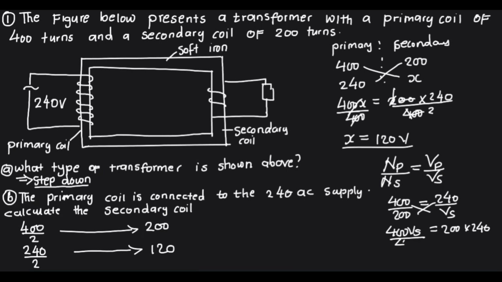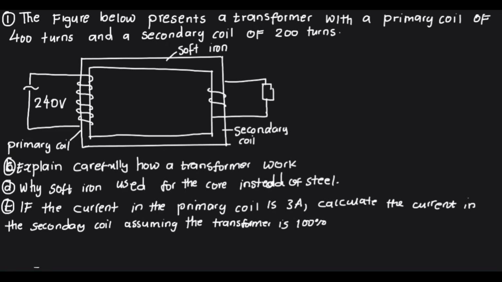So we divide by 400, even here 400. So voltage on the secondary coil is still 120. So you can use any of these 3 methods to come up with the answer. So move on to question C.